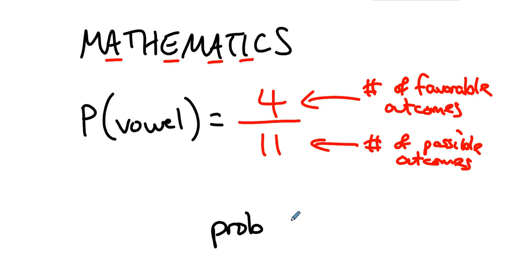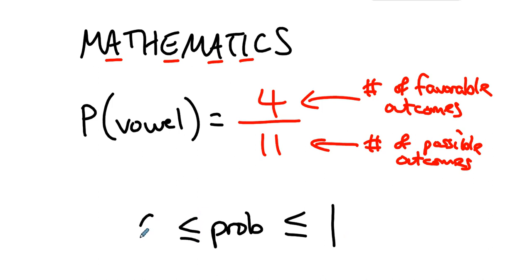Because of this setup, probabilities are always less than or equal to 1, because it is never possible to have more favorable outcomes than possible outcomes. The most that can happen is that every possible outcome is favorable, and in that case you get 1.